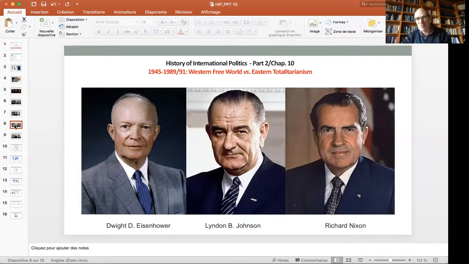The Americans supported also right-wing military dictatorships or other types of illiberal, non-democratic or openly autocratic regimes, notably the apartheid regime in South Africa.